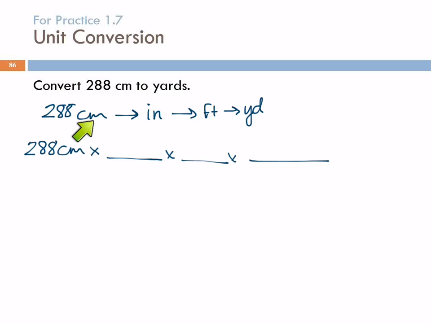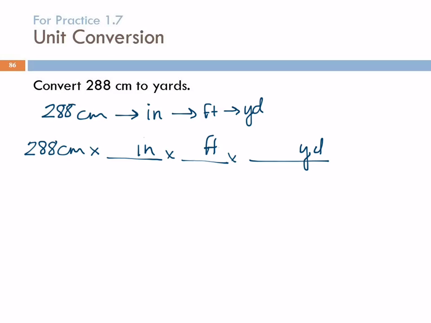The units in my path become the units in the numerator. This is like Dora chanting centimeters to inches to feet to yards. And then you come down here and you write centimeters to inches to feet to yards. The units in the denominator come from the previous term. I'm starting with centimeters. I want those to go away.